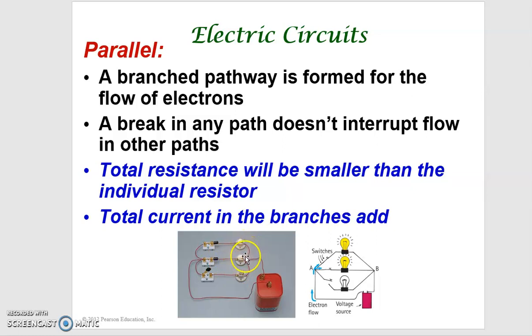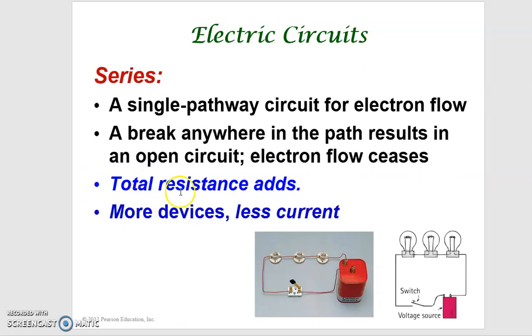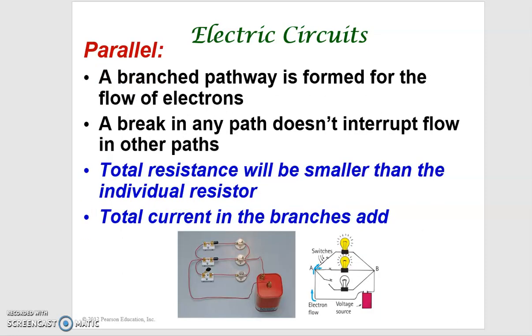When you sum all three currents together, it will equal the total current. And finally, the most important thing, which people usually forget, is the total resistance. The total resistance will become smaller in the parallel circuit, and the total resistance will be bigger in the series circuit. So there are three important physics quantities you should pay attention to.